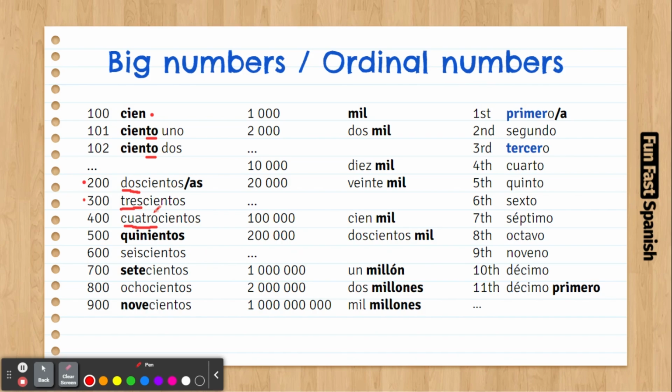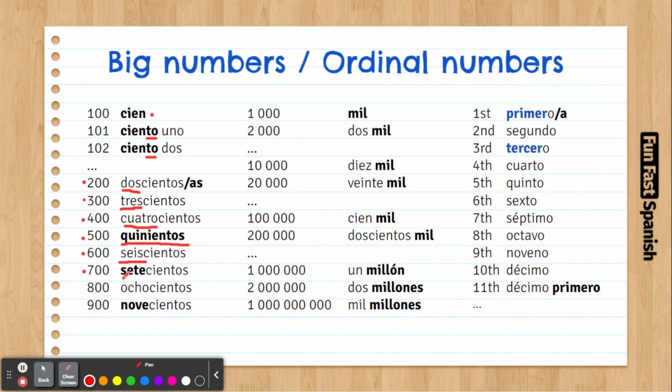200, 300, 400. And these ones are different. 500 is not cincocientos, it's going to be quinientos. 501, 502, 503, 504 until you hit 600. 600 is normal again, seiscientos. Then 700 is different.